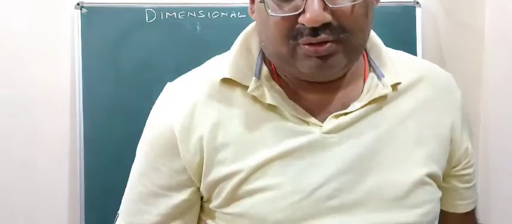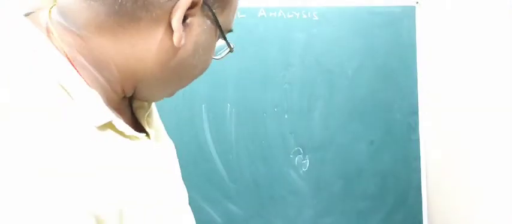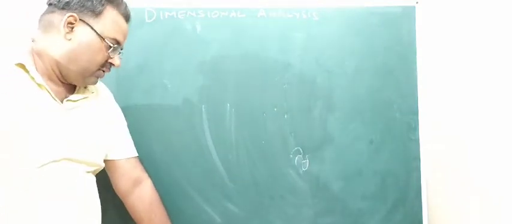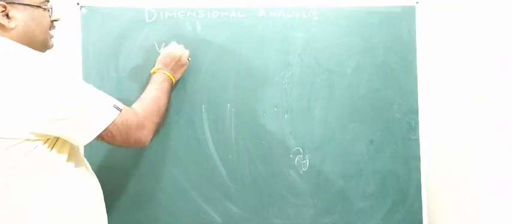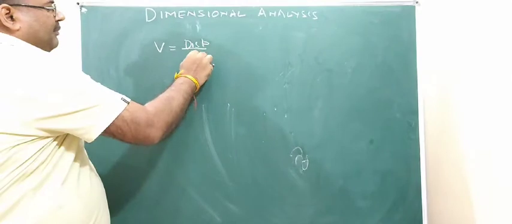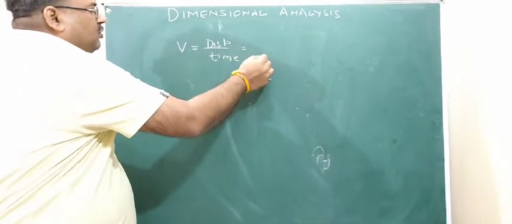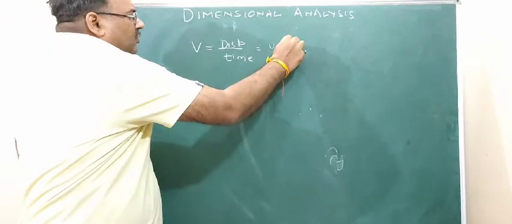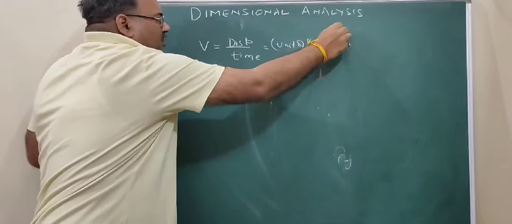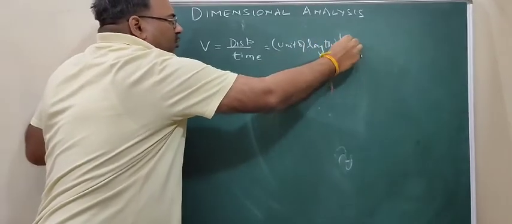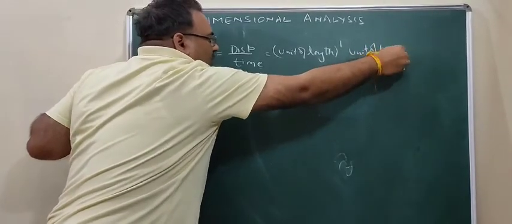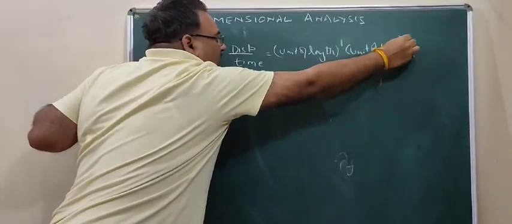Okay. I'll show you on the board. We have velocity. Velocity is equal to displacement upon time. This is equal to unit of length raised to power 1 into unit of time raised to power minus 1.